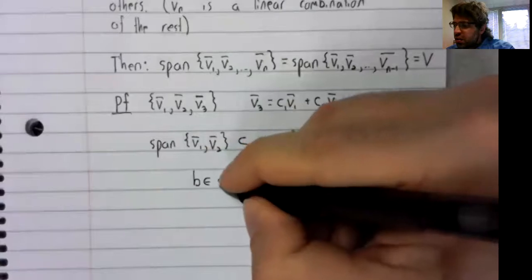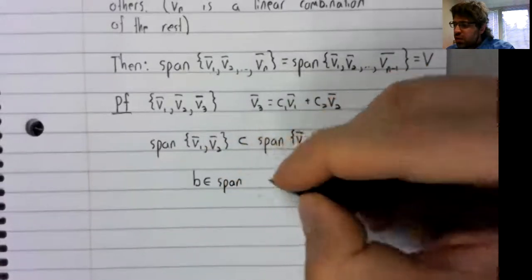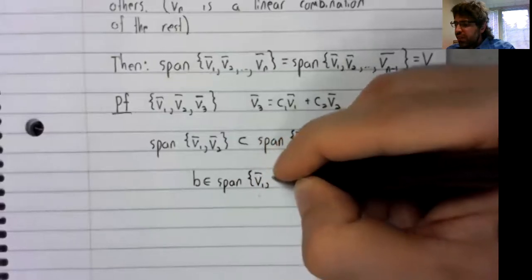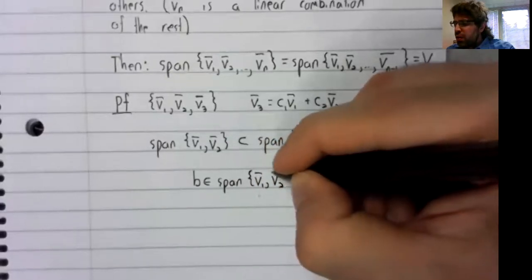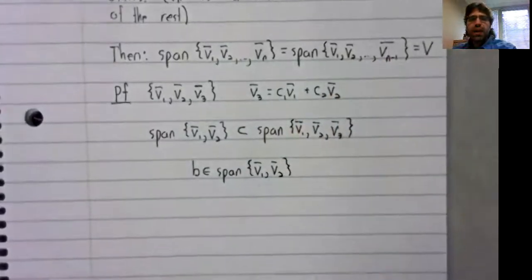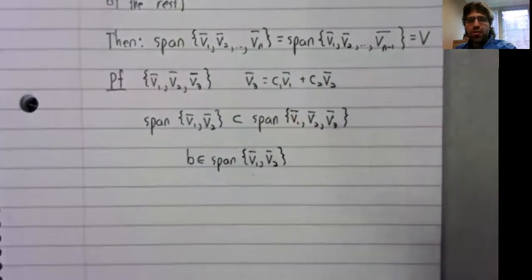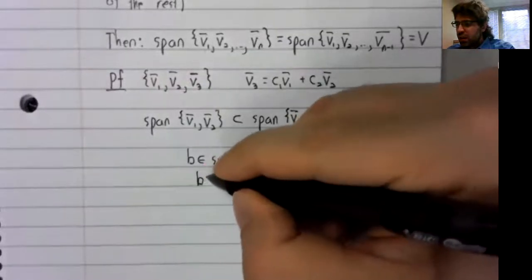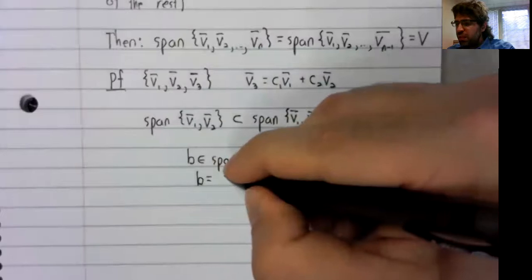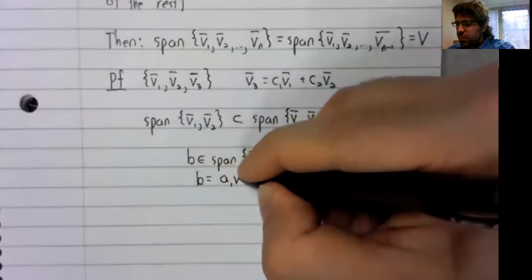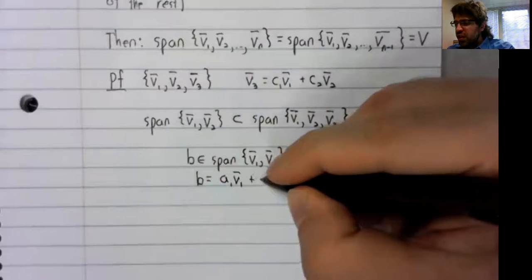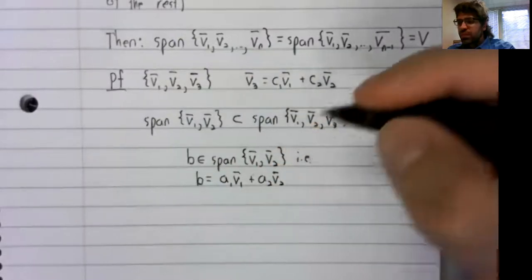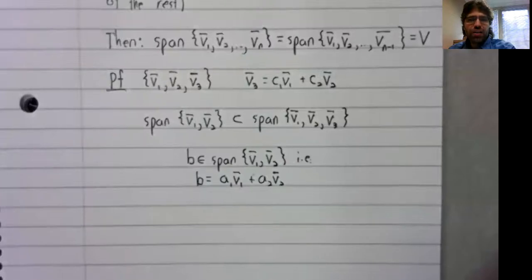This is not difficult. Let's let B be in the span of these two vectors. That is to say that B is a linear combination of these two vectors.